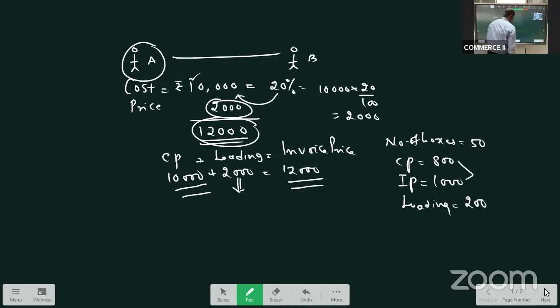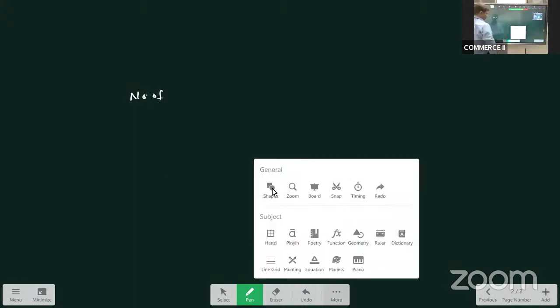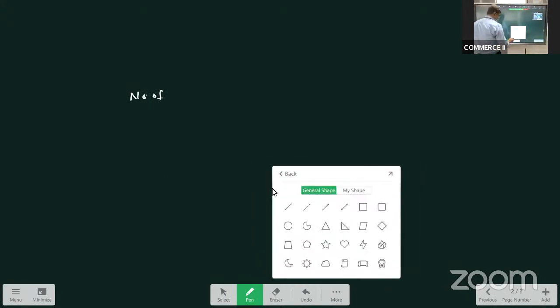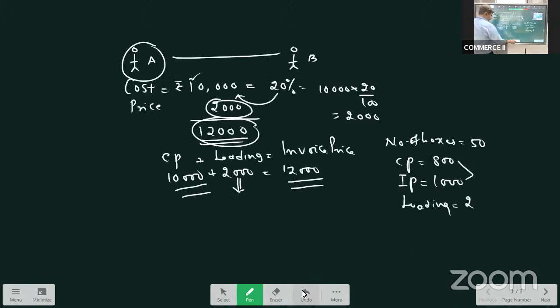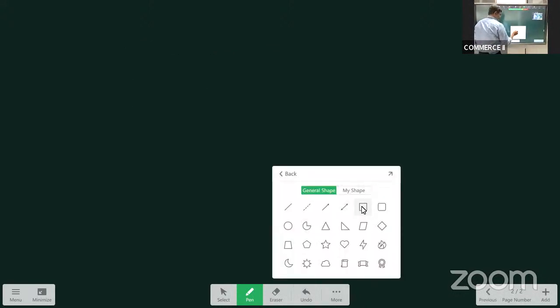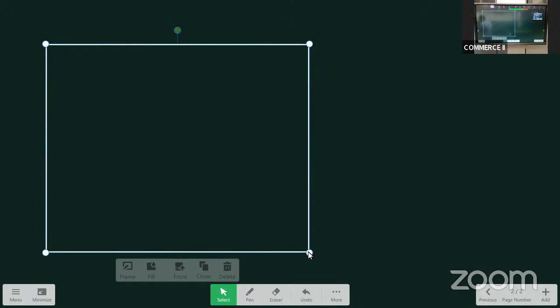Now let us see how we give an effect to this in consignment account. I am preparing consignment account in the books of consignor who happens to be Manasvi. Okay, Manasvi is the consignor.